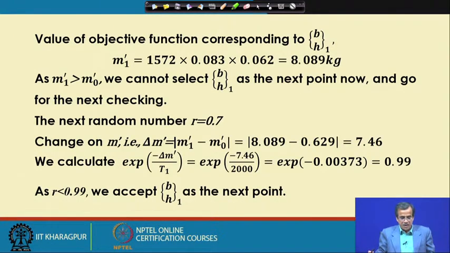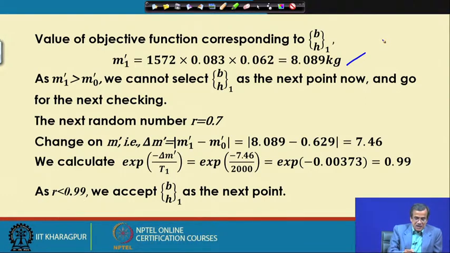Before that, we find out the value of the objective function corresponding to B, H 1, by substituting in the expression of the objective function, 1572 multiplied by B into H. So, I will get the value of the objective function.